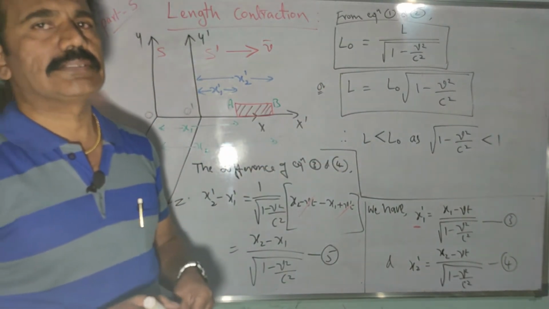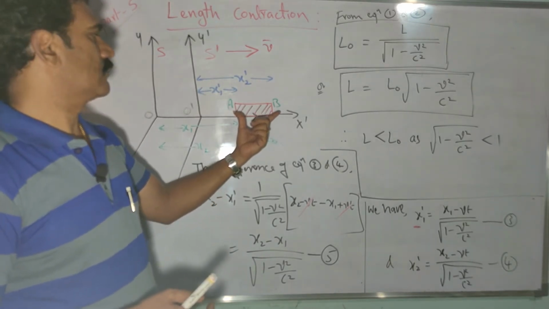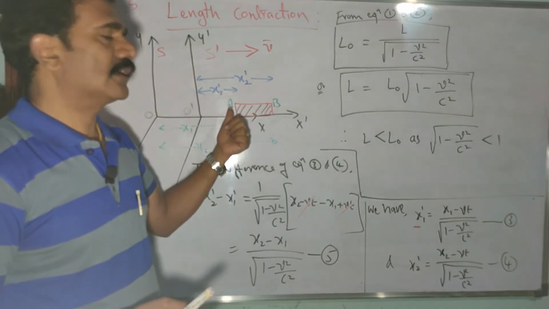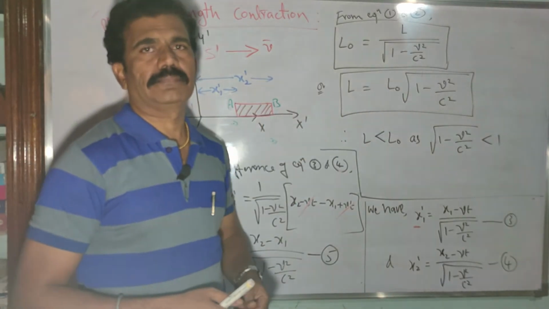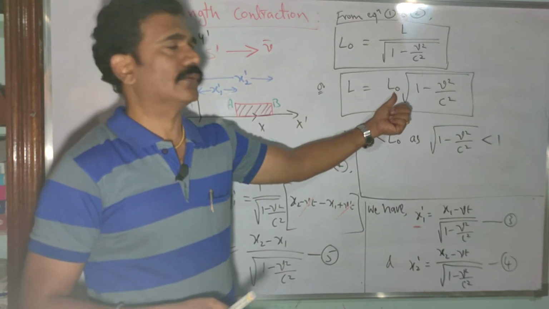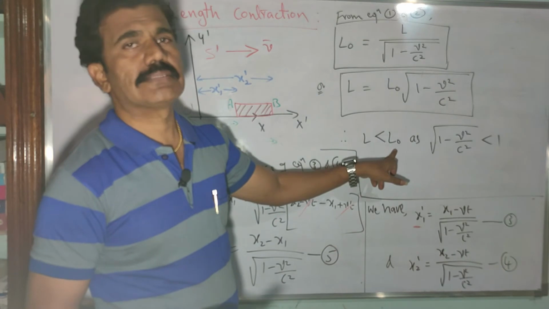The object is the same. You are considering the object of length AB measured with respect to frames of reference S and S dash. With respect to S dash it is L0, with respect to S it is L, but L is not equal to L0. That is very interesting, right? So L cannot be equal to L0 according to this Lorentz transformation. That means L is always less than L0.